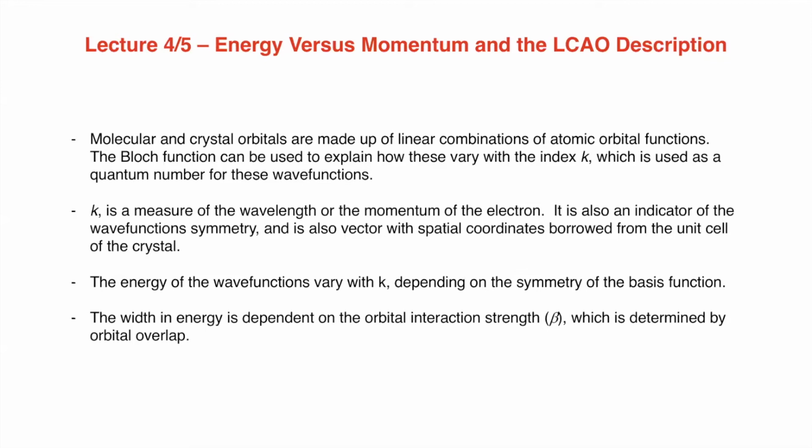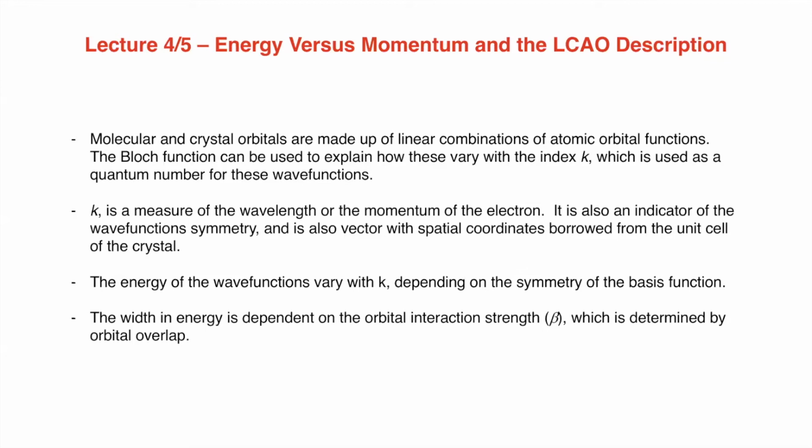It tells you about the wavelength of the electron or its momentum, right? The momentum picture is the kind of classical description of the electron, and it's related to wavelength by de Broglie's relationship. Of course, this k is really a vector. Not only has a magnitude, it has a spatial component that's mapped onto the unit cell of the crystal.